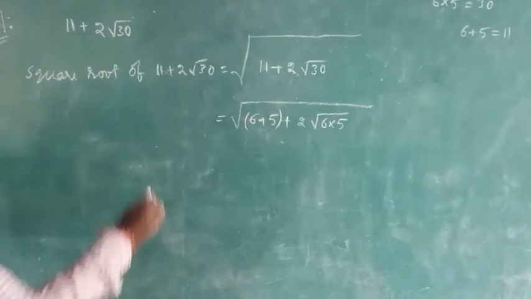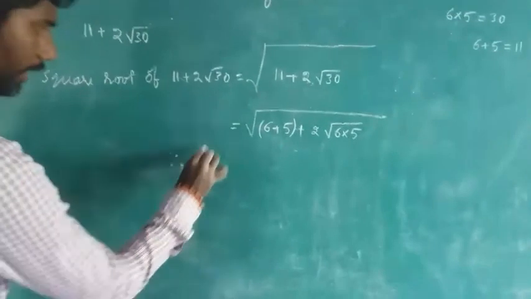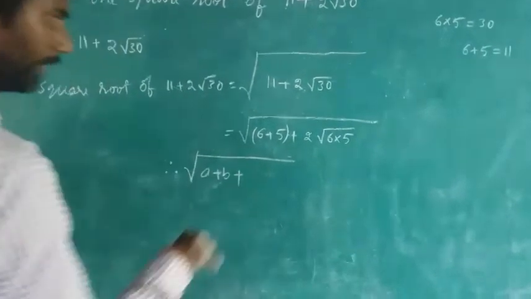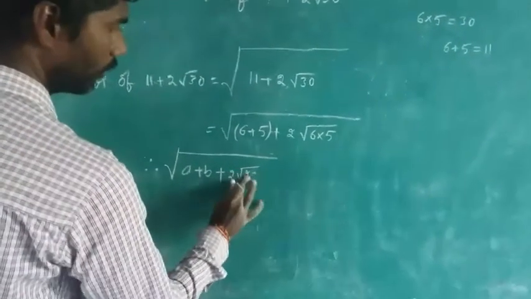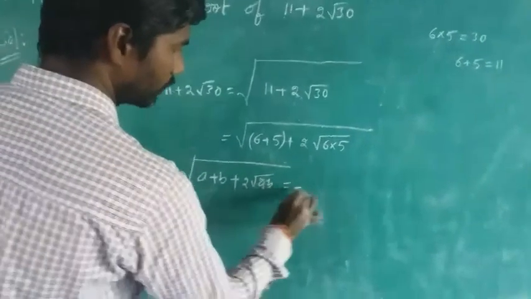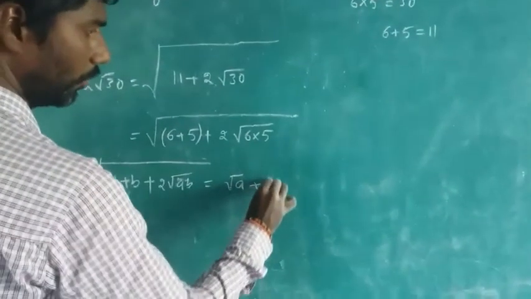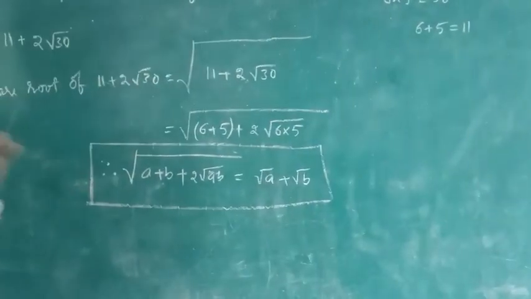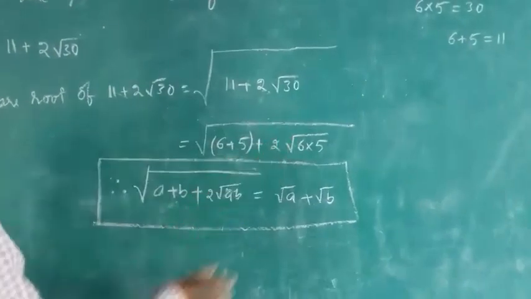So here is the one formula. Let me write the formula. You can remember it. Under root a plus b plus 2 under root ab is equal to, you can read it as, root a plus root b. This is the formula. Already I told you, you have to remember it. So according to this, what is the square root of this?